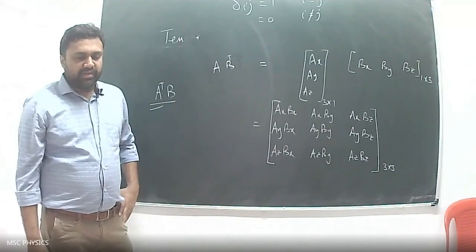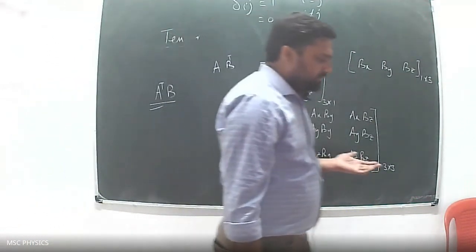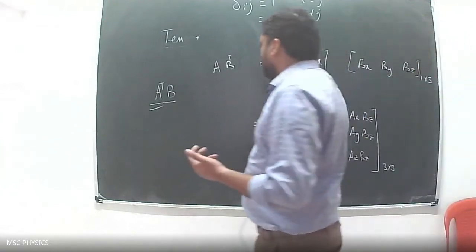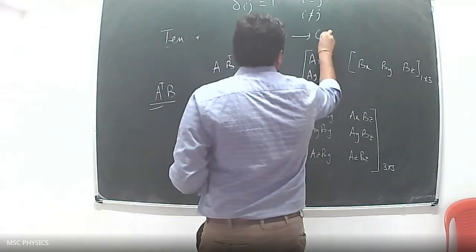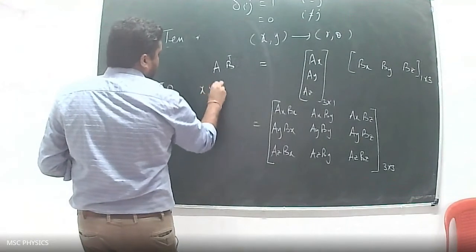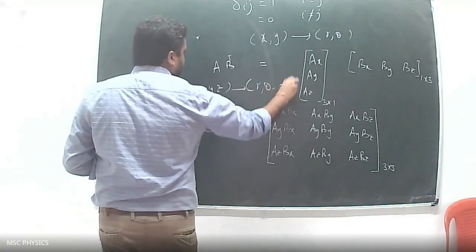We need to do the coordinate transformation. We need to move from one coordinate system to another, right? Can you give me examples? I may need to move from a 2D Cartesian coordinate system to r theta. I may need to move from 3D Cartesian coordinates to 3D spherical polar coordinates also.